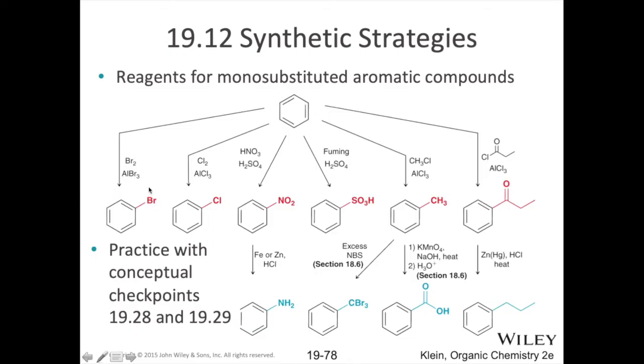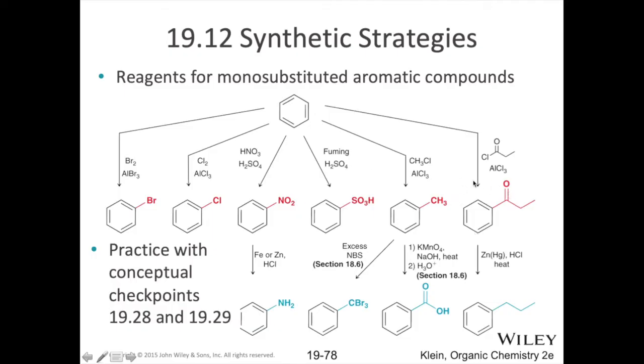If we want a halogen like a bromine, we can use bromine and iron(III) bromide or aluminium bromide. And if we want chlorine, we can do the same thing using aluminium chloride. If we want to add a nitro group here, we can use nitric acid and sulfuric acid. For a sulfonic acid group, use fuming sulfuric acid.